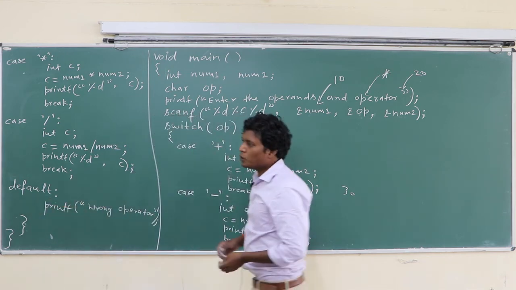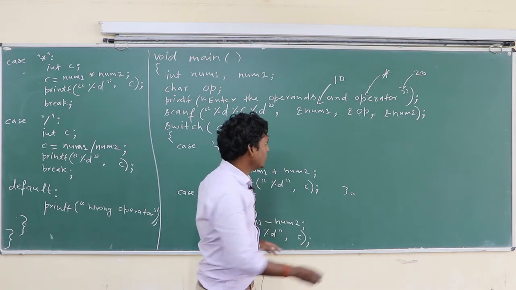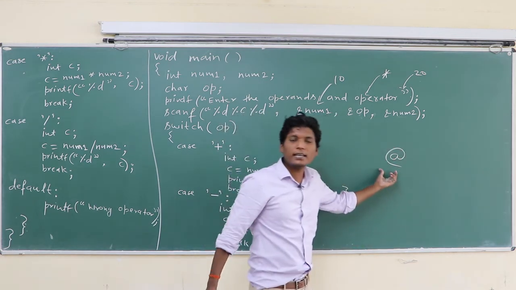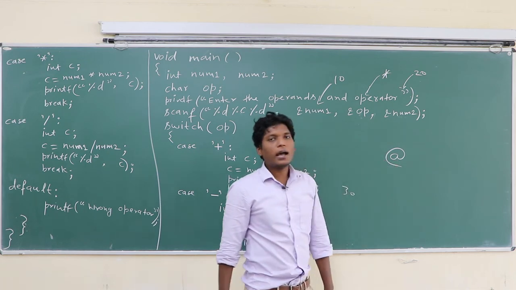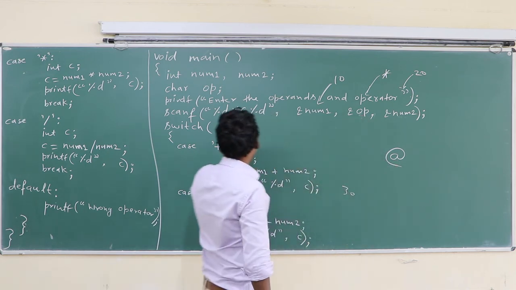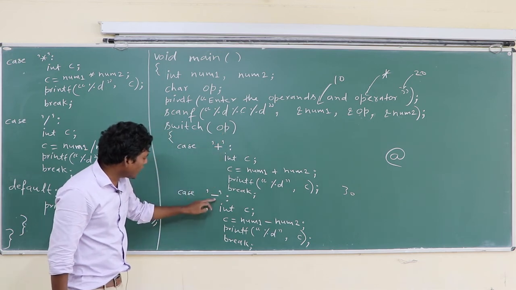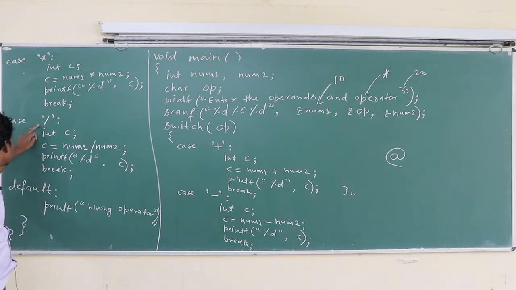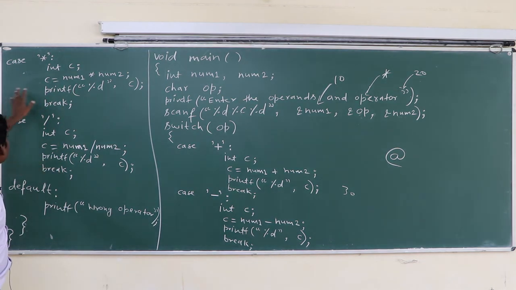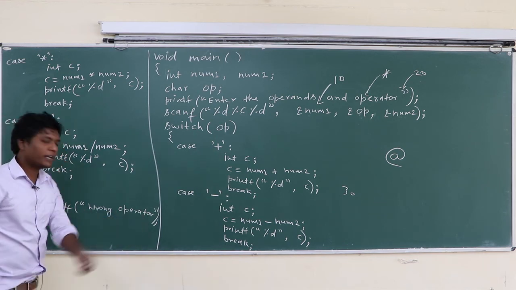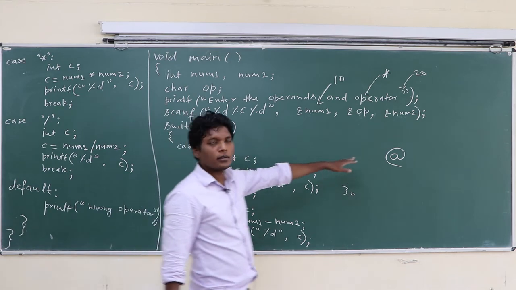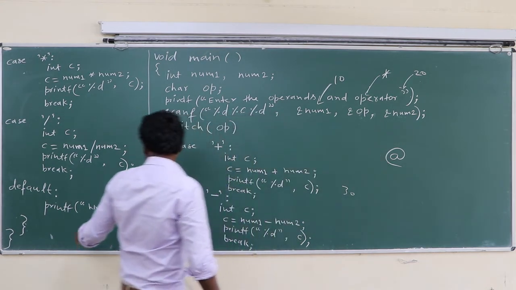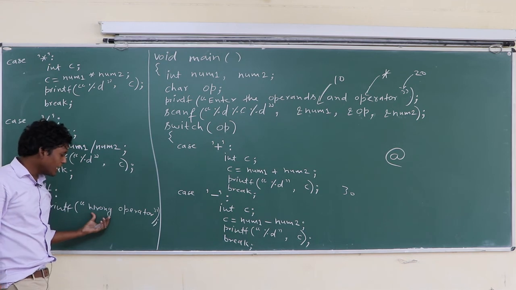Suppose user inputs this character, @. There is no character constant @ in the case constants, so no case will be executed and by default the default case will be executed. Printf wrong operator, because this is not an operator. So this message will pop up on your screen.